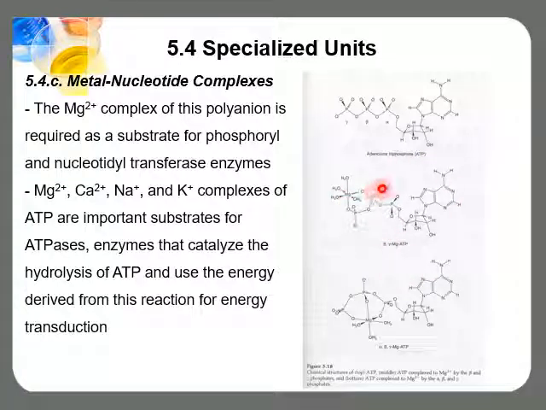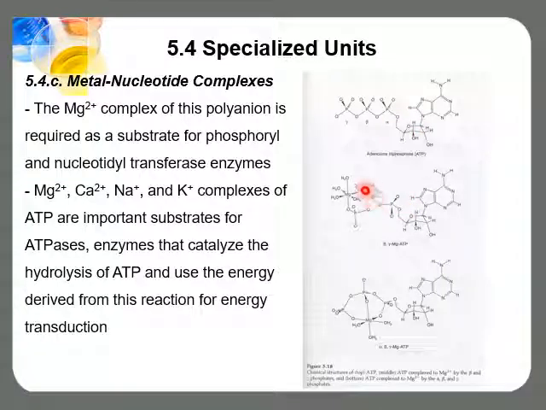The nucleotide is coordinated to magnesium by these 2 methods. In this beta-gamma magnesium ATP, the magnesium is coordinated to beta and gamma phosphate. Here, this is alpha phosphate, this is beta phosphate, and this is gamma phosphate, starting from the end of the sugar ring.